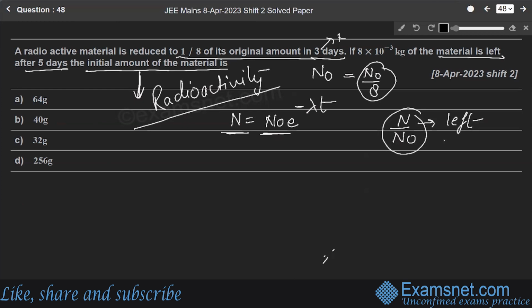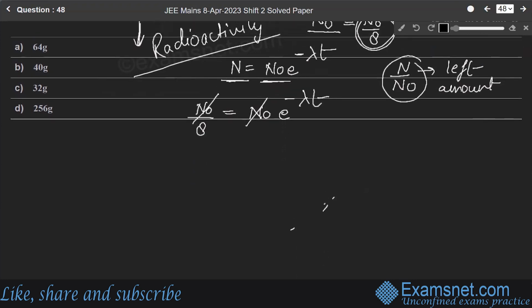Now, the material is reduced to 1/8 of its original amount. Let us say the amount at the very beginning is N naught; now the amount left behind is N naught by 8. So in place of N, we write N naught by 8 equals N naught e to the power minus lambda t. N naught cancels out, so 1 over 8 equals e to the power minus lambda t.